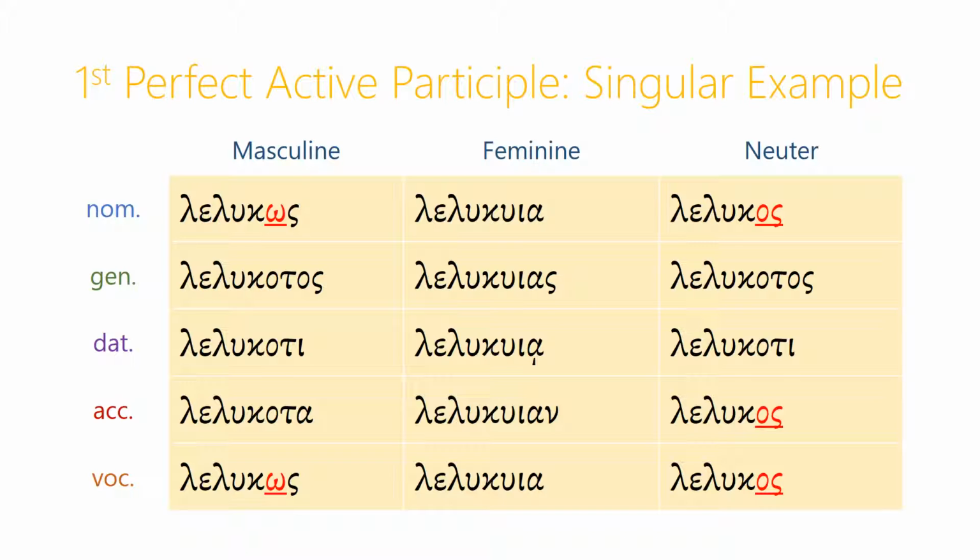But lelukos in the neuter nominative singular is also a little bit unusual. There the connecting vowel hasn't lengthened. It's a regular short omicron. But the sigma is not typical of the neuter. We would expect something like lelukon, wouldn't we?